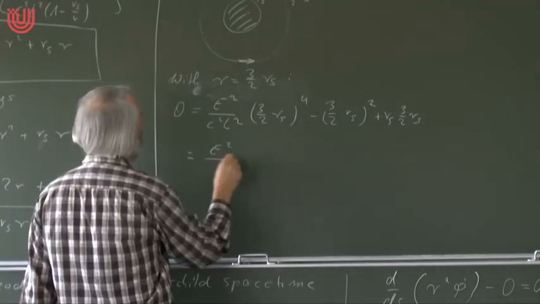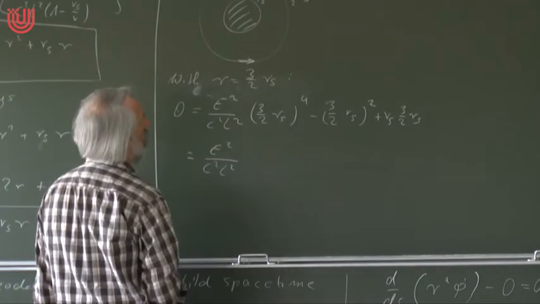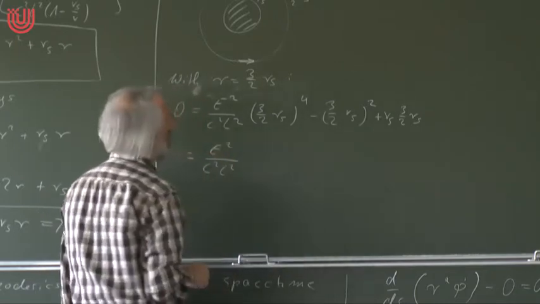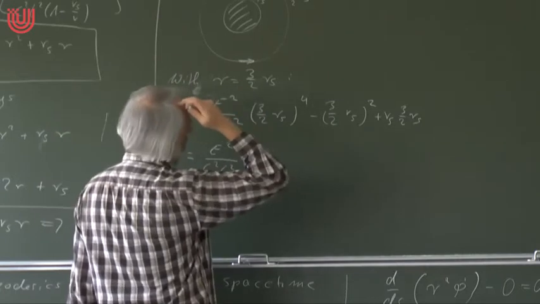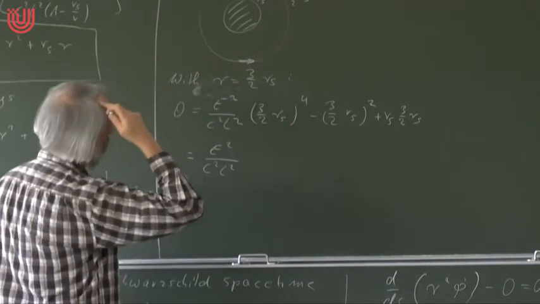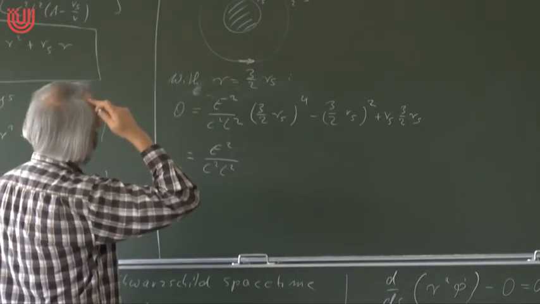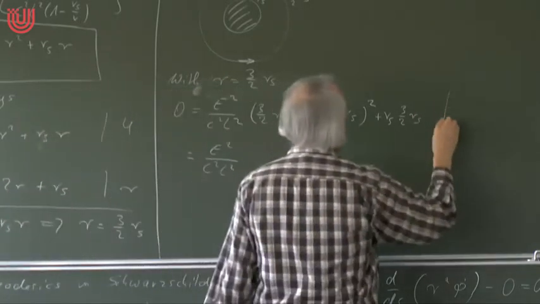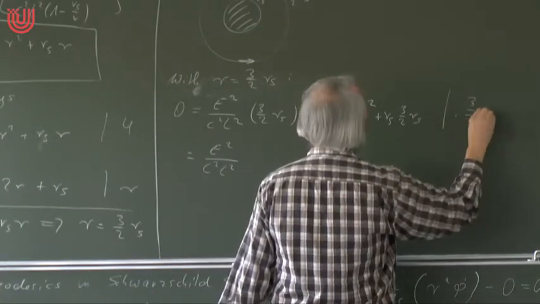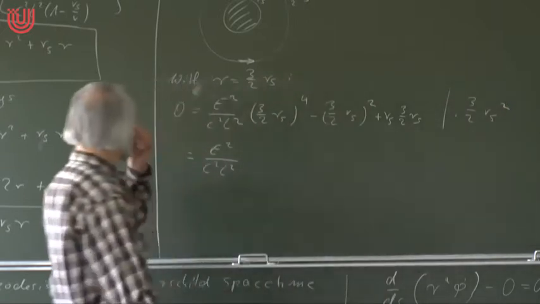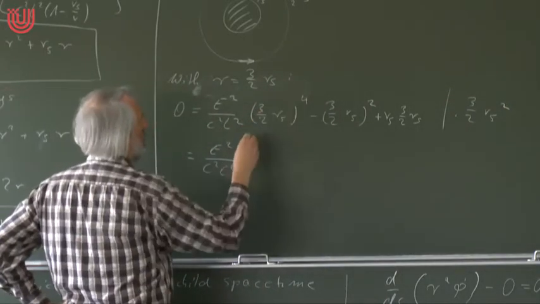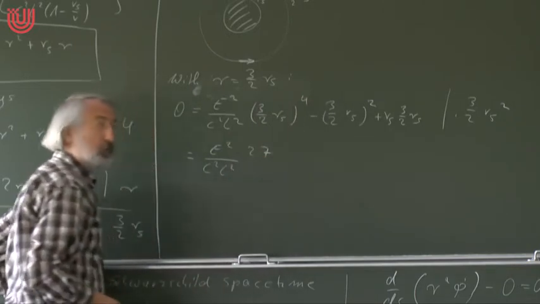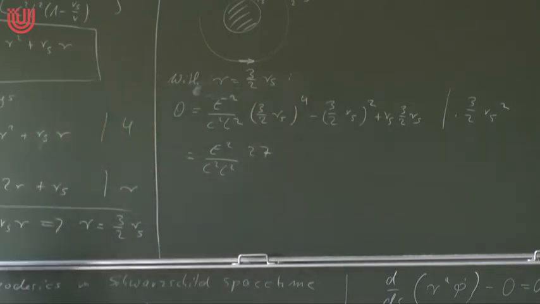This is E squared over c squared L squared. Can I do this in my head? I think I can cancel a 3/2, right? Actually I divide by (3/2 rs) squared, right? So then I have 3 to the 3, this is 27 if I'm not mistaken. 3 times 9 is 27, right?